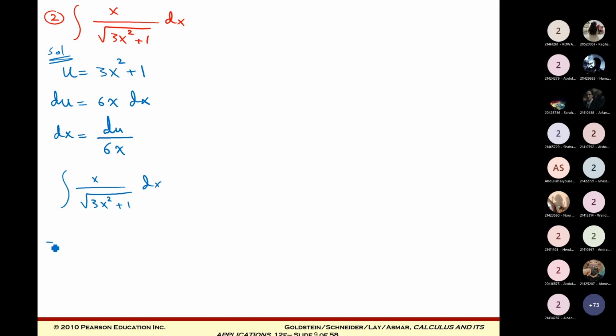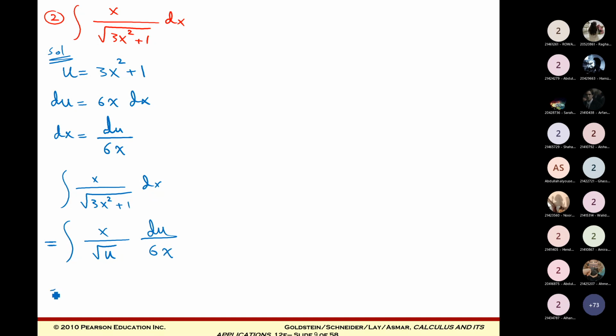After we substitute u and dx, we have x over radical u, and dx equals du over 6x.